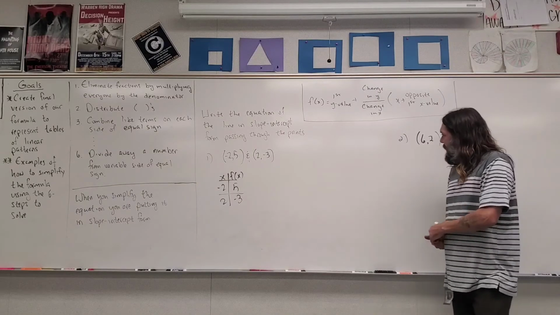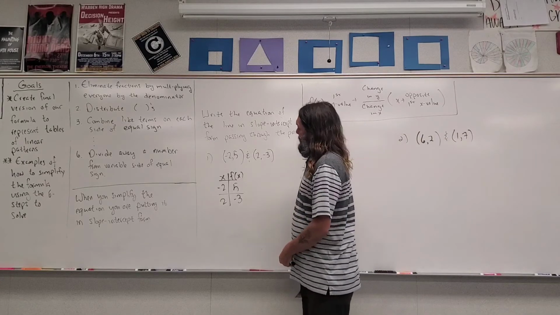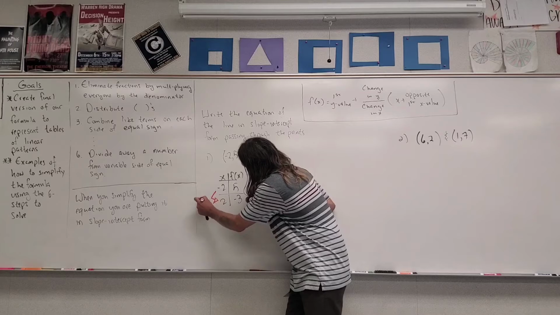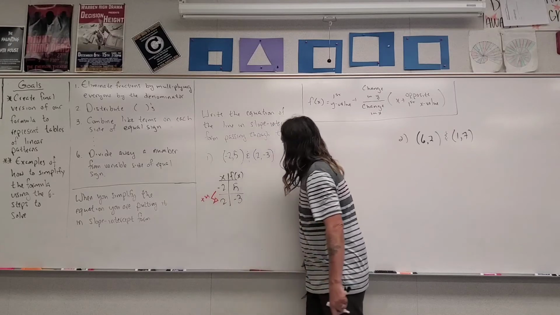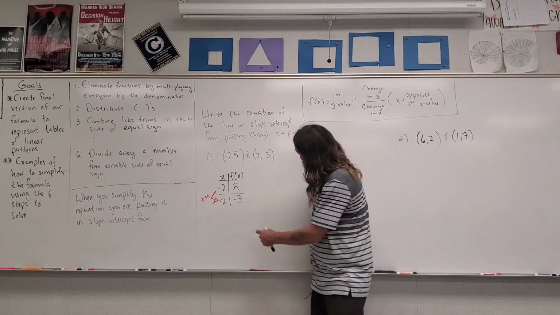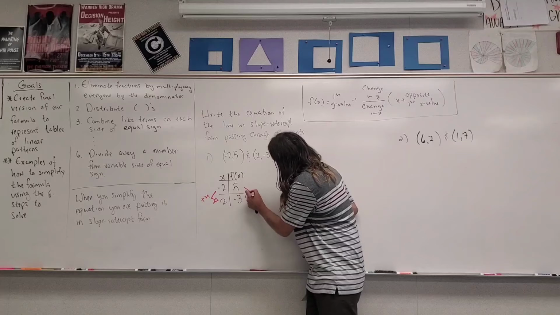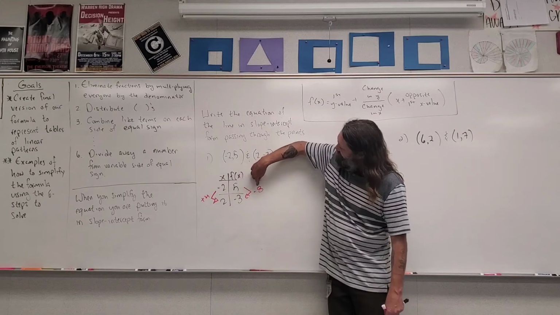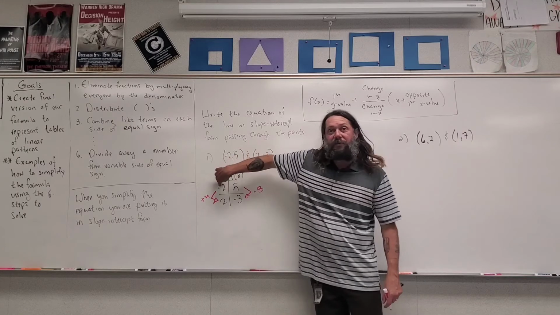All right, so here we have -2 going to 2. That means that I have a change in x of +4. And I go from 5 to -3 by owing 8. So I have my first y value, my change in y, my change in x, and my first x value.